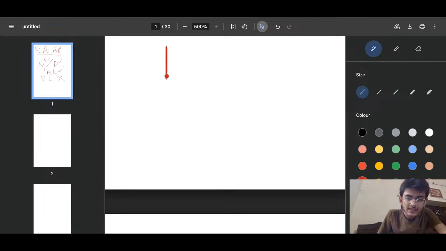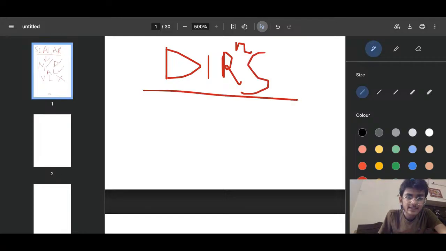So directions. Even the directions are also incomplete without the reference point. If you are not given the reference point, then saying any direction is also meaningless.